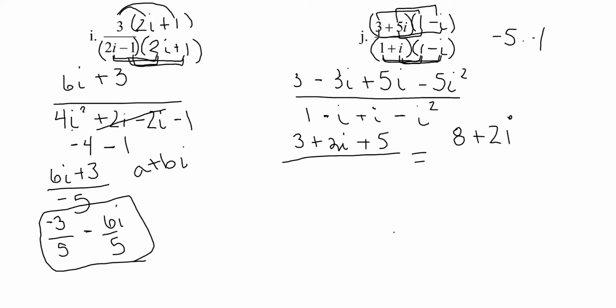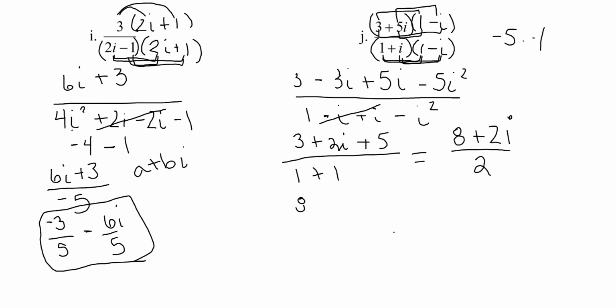We've got to worry about our denominator now. In the middle, if you notice, negative I plus positive I will cancel, and I have 1, and it's minus I squared, but I squared equals a negative 1. A negative times a negative gives me a positive 1. So I'm going to have 8 plus 2i over 2. And then the next thing we're going to do is write it in a plus bi form.